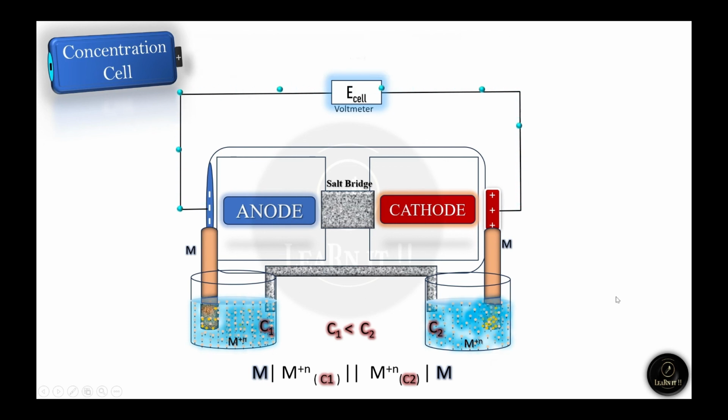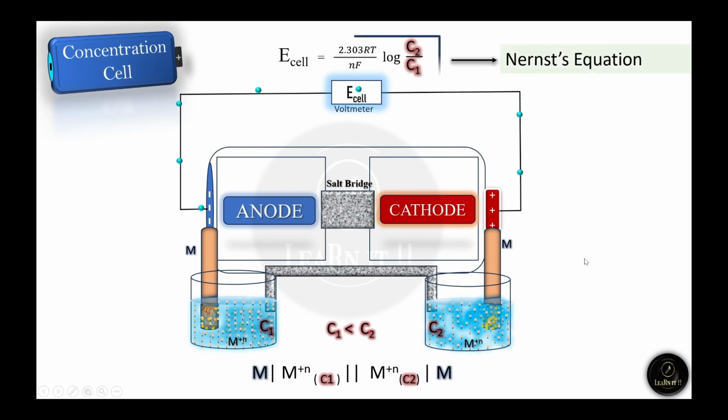Here, E of the cell equals 2.303 RT divided by nF log of C2 divided by C1. This is called the Nernst equation for the calculation of cell potential in a concentration cell.